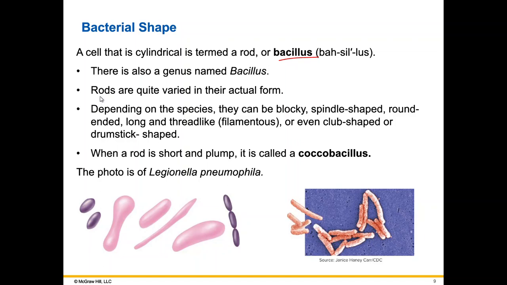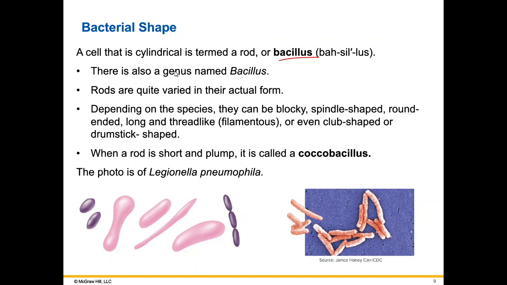They can be pretty varied in their actual form, but they are generally in a rod-ish design. Depending on the species, they can have blocky rod shapes, the ends can be tapered, they can have a round end, they can be filamentous, very skinny, like strings essentially, or they can even be club shaped. Some have drumstick shapes and so on.